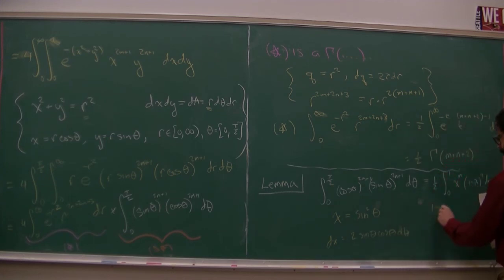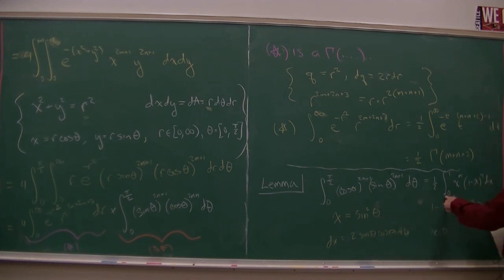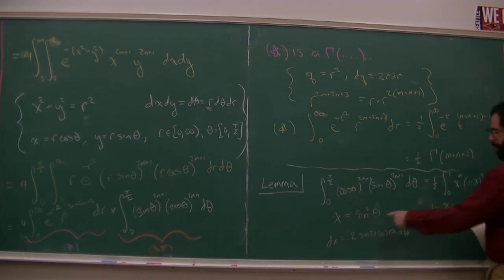And then 1 minus x is equal to, therefore, cosine squared theta. 1 minus sine squared theta is equal to cosine squared theta. And then this has the right limits, because when x is equal to 0, theta is 0. That's why we choose sine for x. And when x is equal to 1, then theta is equal to pi over 2.